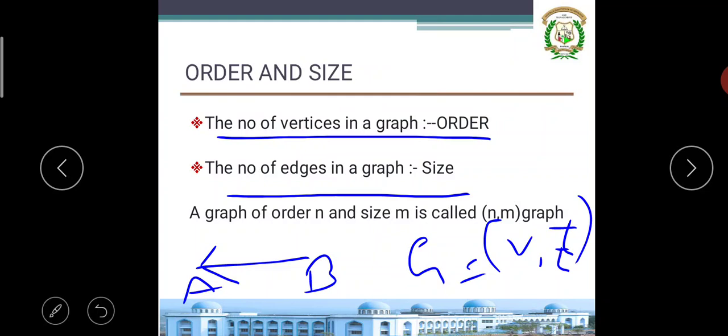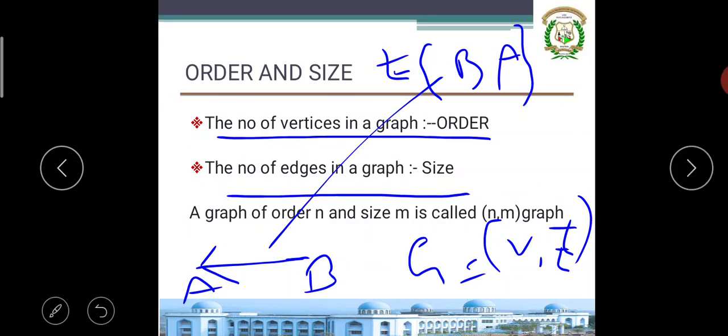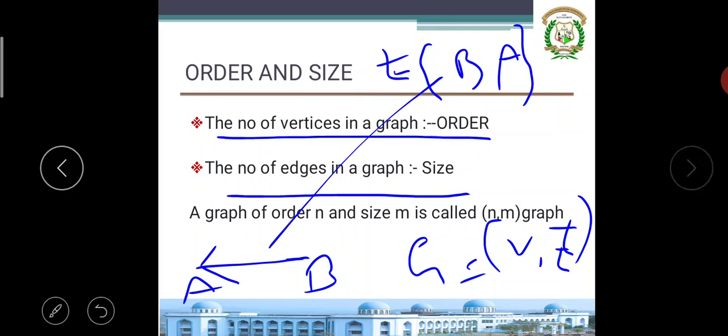That word you should add in a directed graph. For this edge set, you must write BA because the edge starts from B and ends at A. The direction must be mentioned very clearly.